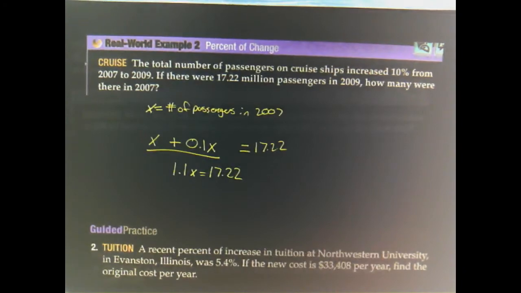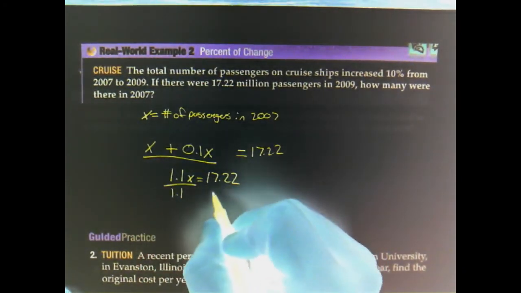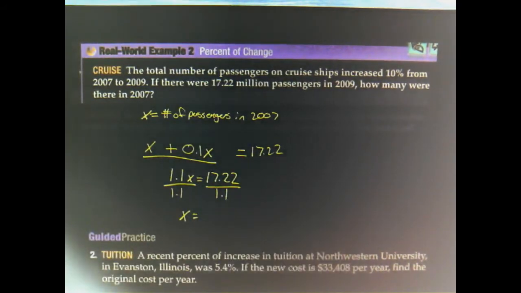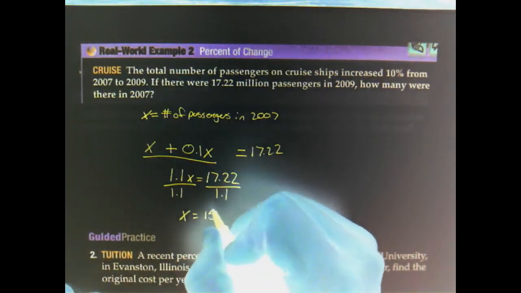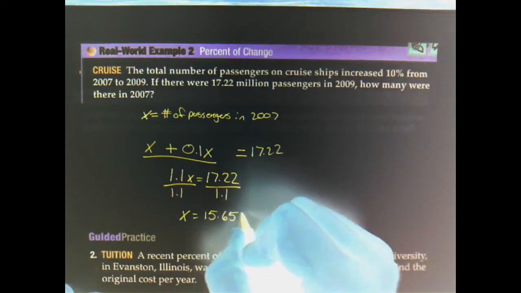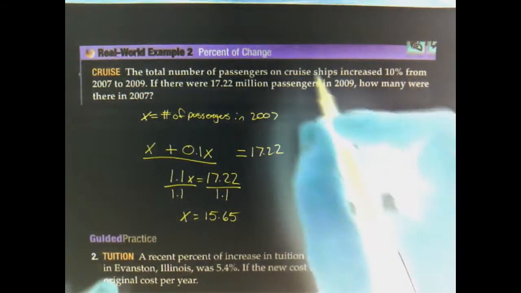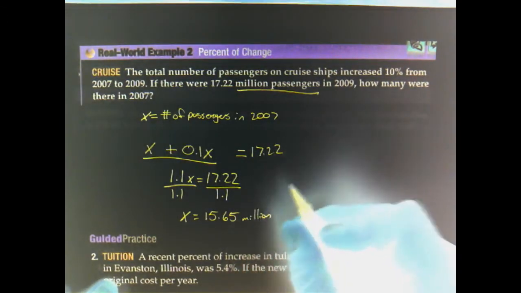Now all I need to do is solve this equation, and I do so by dividing by 1.1. So I take 17.22 divided by 1.1, and I end up at 15.65, and that is rounded, 15.65, and my label is million passengers.